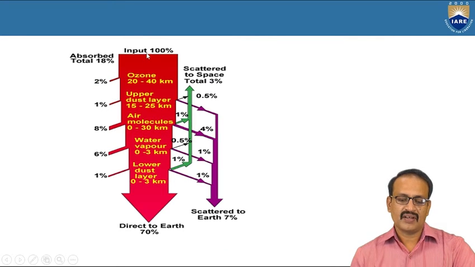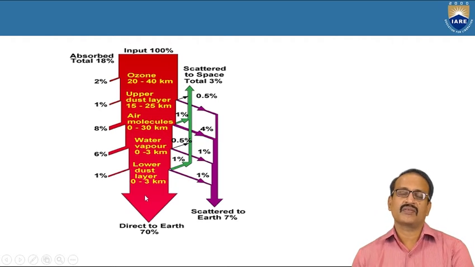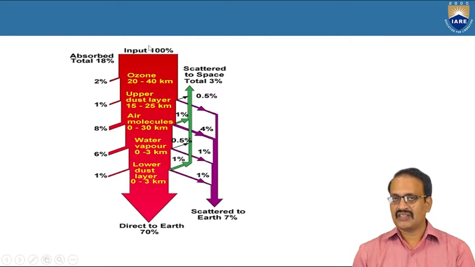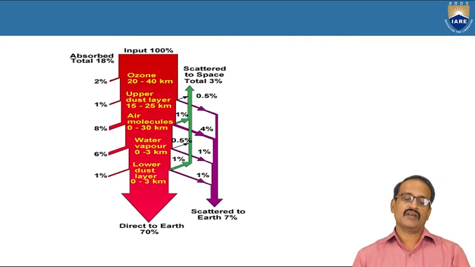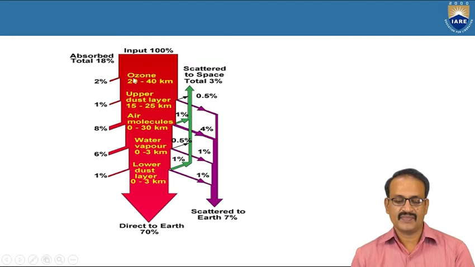So here also you can observe, based on the different data, in different analysis, 100% is coming to the Earth's atmosphere. In that, ozone will be from 20 to 40 kilometers, and it is 2%.